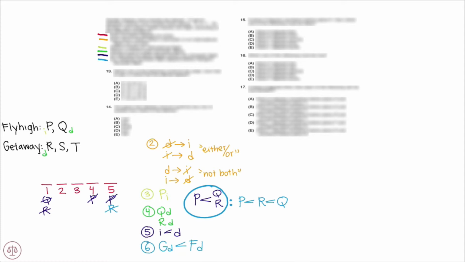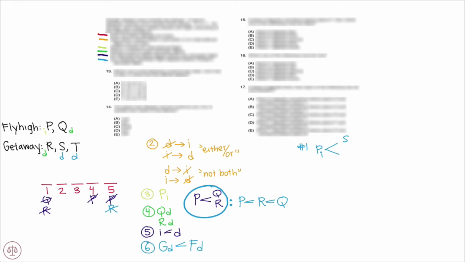Let's think about what would happen if both S and T were domestic. Well, if both S and T were domestic flights, then we know all Getaway domestic flights are before Flyhigh domestic flights. So the way we would draw that would be we'd still have P, which is an international Flyhigh, and then we would have all 3 of the Getaway flights because they're domestic, and domestic Getaway is going to be before domestic Flyhigh.